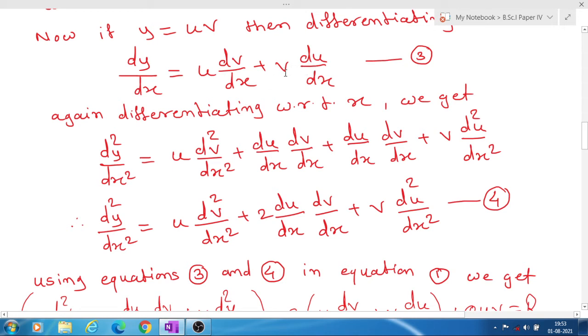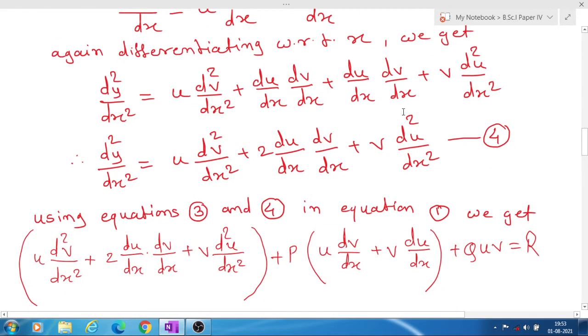So v, derivative of v is dv by dx and du by dx as it is, so here is du by dx into dv by dx plus v as it is, and derivative of du by dx is d2u by dx square. Derivative of du by dx is second order derivative d2u by dx square. So this is derivative of this dy by dx.